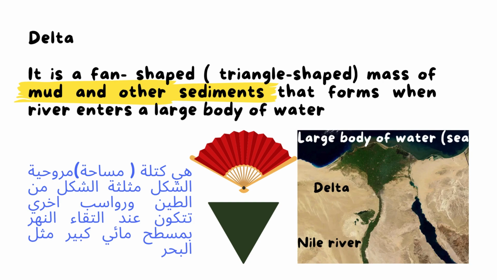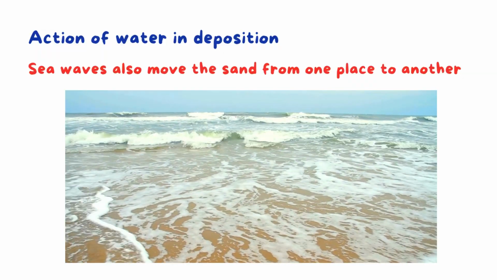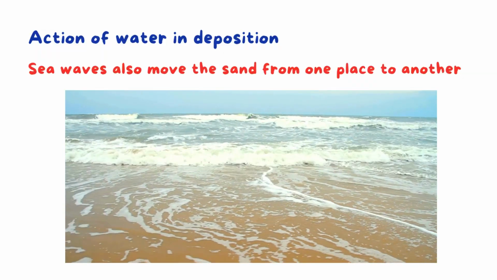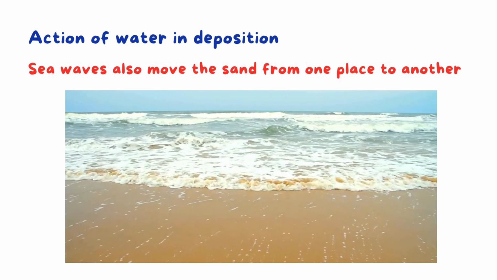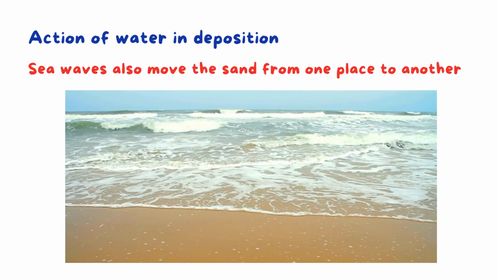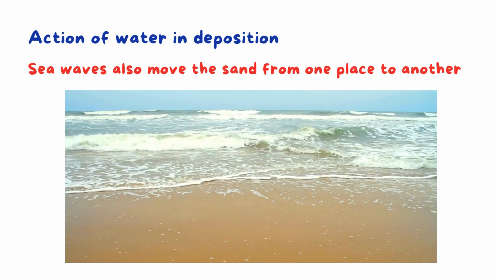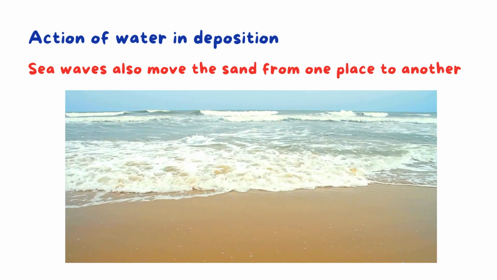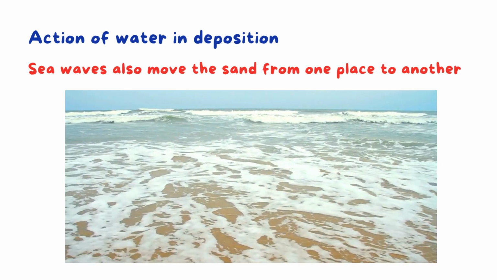The action of water in deposition also includes the sea waves. We mentioned that the sea waves move the sand from one place to another, and this sand settles down at the bottom of the sea.